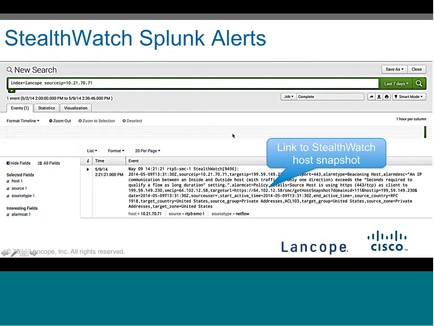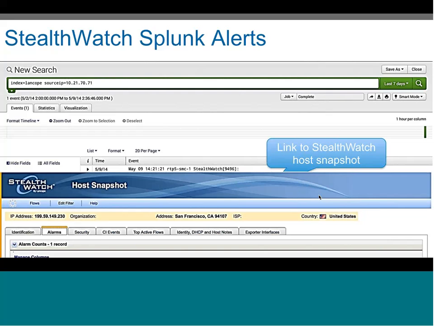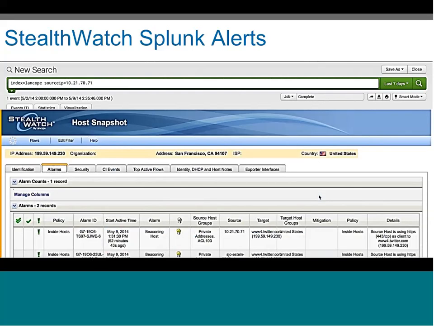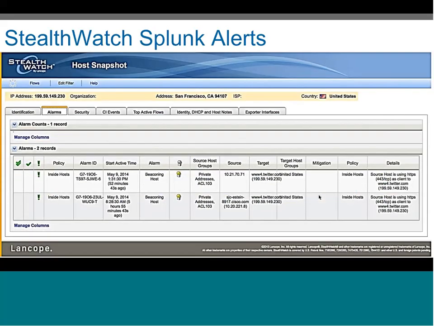So as an analyst or investigator is taking a look at the alarms that are coming in, it's nice because they can simply click here on this piece, and instead of having to launch the full Java UI, they get a nice quick and dirty host snapshot of what's going on. So they don't really even have to move off of Splunk to do their analysis. They can quickly take a look here and say, hey, it looks like this is actually a false positive based on the source and destination.